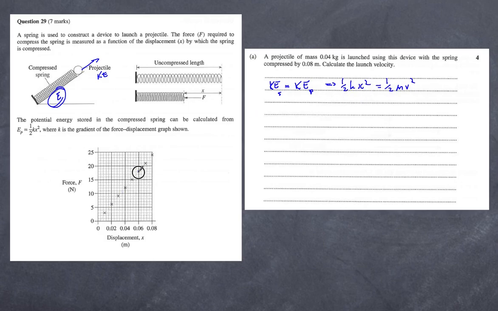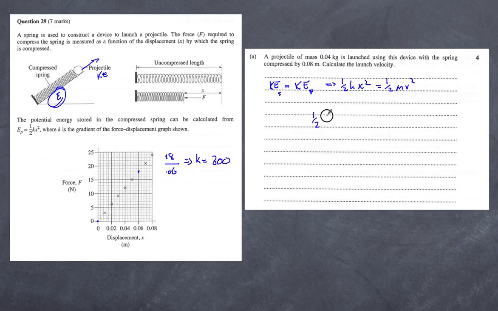I'm going to choose this spot over here and this spot here, because it is a valuable point at equilibrium, that is when the spring is relaxed, no force at no displacement. If I work out the rise over run, I'm going to get 18 over 0.06, and that gives me a k value of 300. Now I substitute it in.